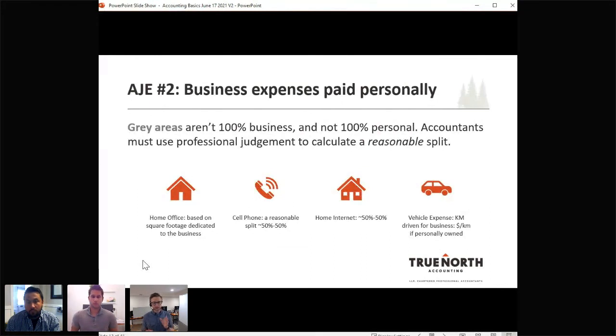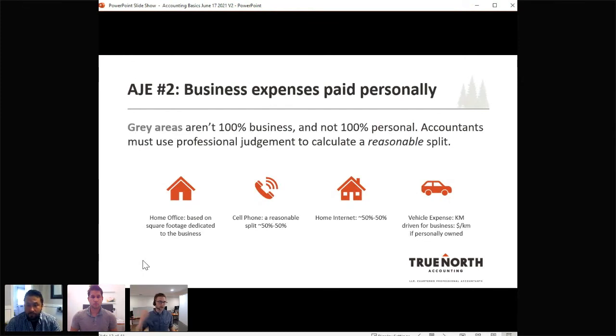So there's going to be some sort of business and personal split. Same with home internet. A lot of accountants would lump home internet in with home office and only take it at the 10% split. But most people, especially during COVID, having that home internet is absolutely critical to running a business. So I think it's very reasonable to have a 50-50 split on that home internet. And then vehicle expense, unless the company owns the vehicle.